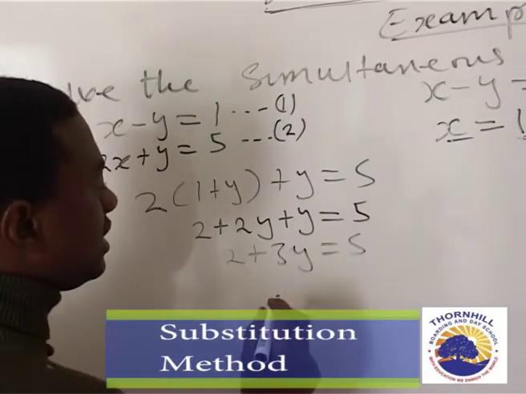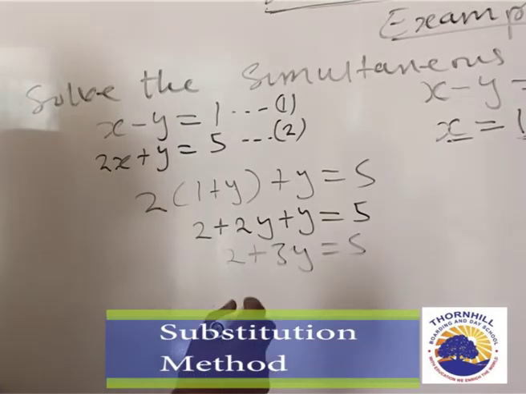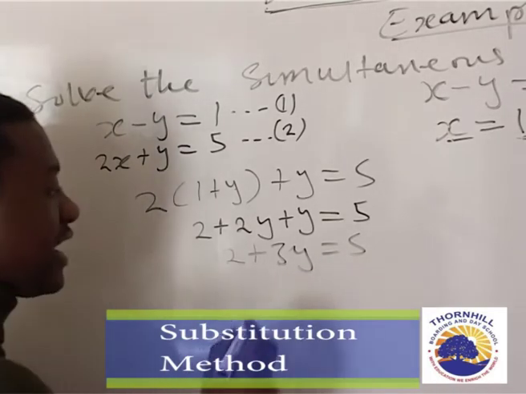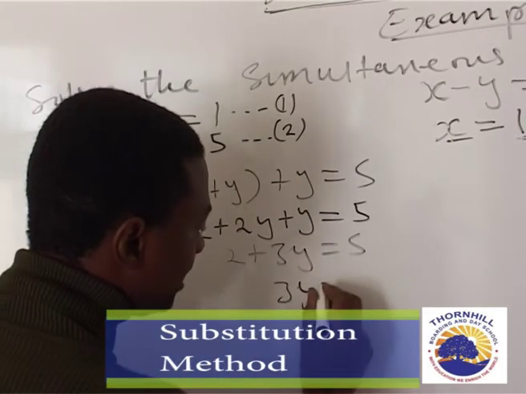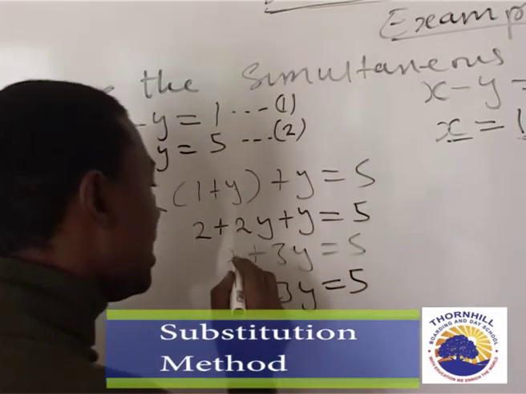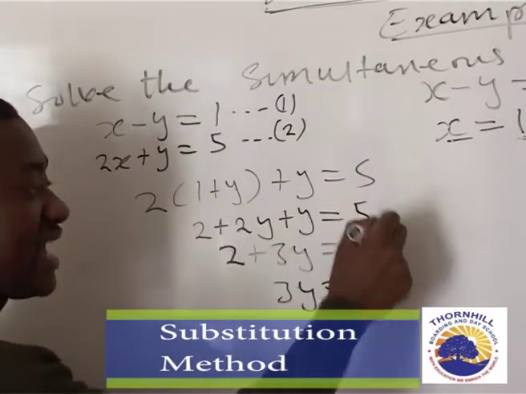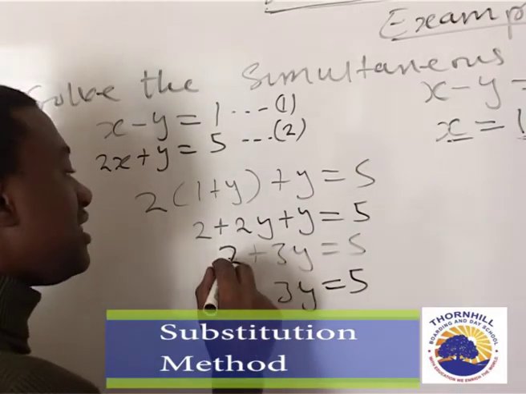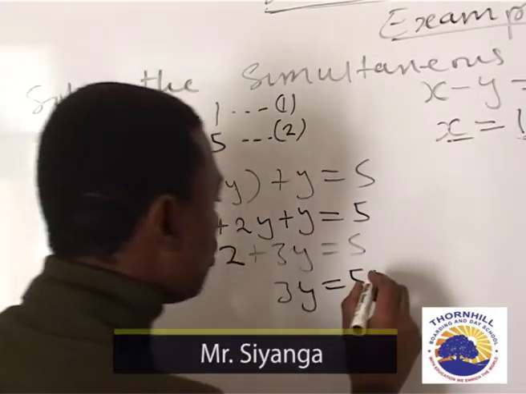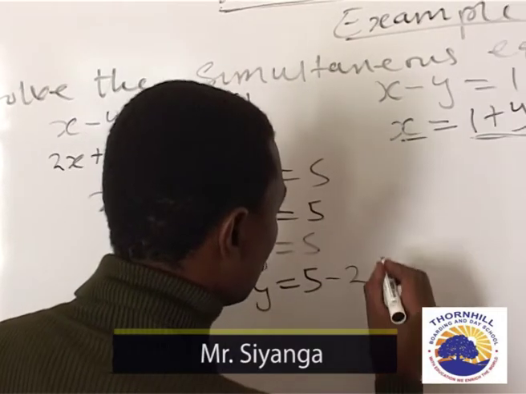Then, since we are still in the process of finding the value of y, we're going to say 3y is equal to 5. This 2, its like term, is on the other side of the equal sign. Therefore, when it crosses the equal sign, it will become minus 2, like that.